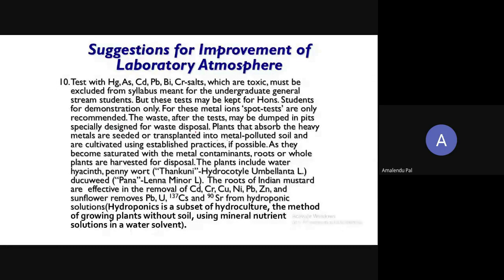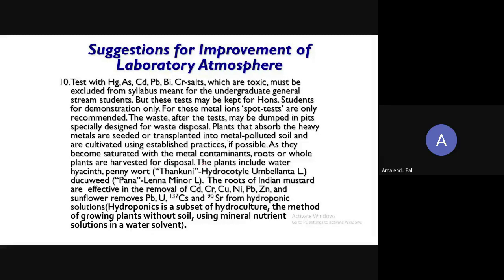Nowadays, some plants that absorb heavy metals are seeded or transplanted into metal-polluted soil and cultivated using established practice, if it is possible. As they become saturated with the metal contaminant, the roots and whole plant are harvested for disposal.